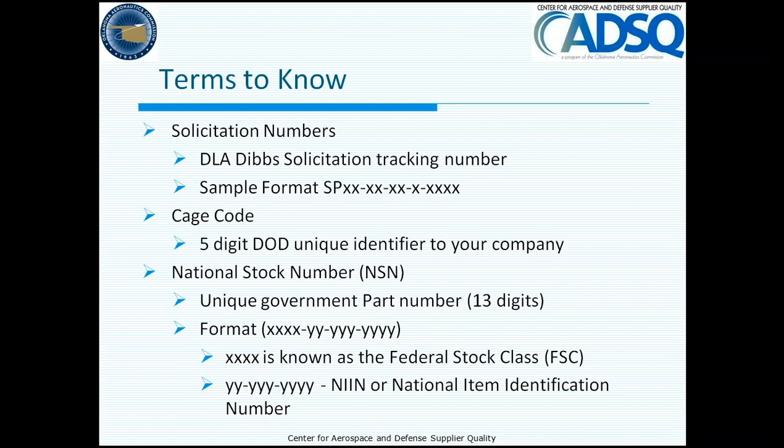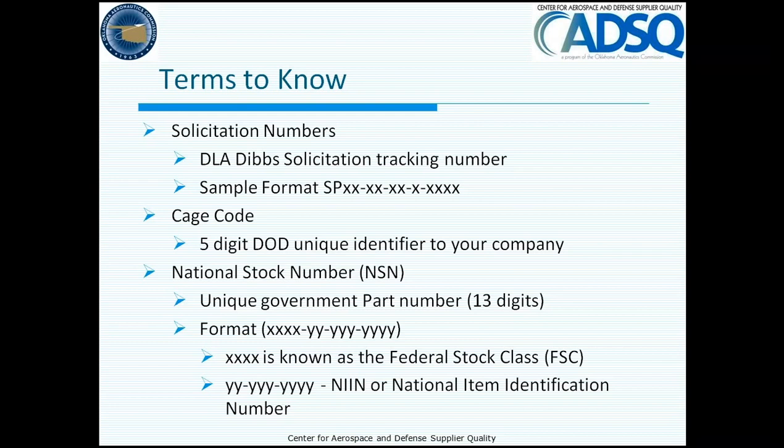That stock class is very important, and it helps you in your solicitations or in searching for items. The last 9 digits are called a NIIN, or National Item Identification Number, and that is unique to each stock class. If you have 2 different stock classes, you could have the same NIIN.